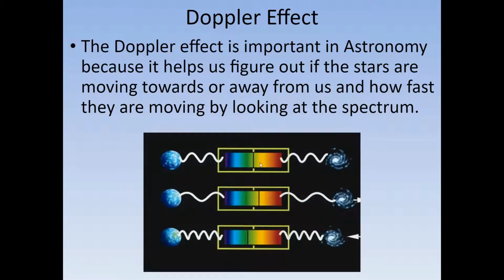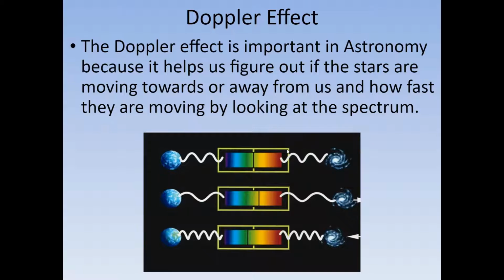Now, you should have learned in chemistry that every element has a unique fingerprint called spectral lines. Basically, the lines that they emit when a gas is excited and gives off light. That's how we can identify certain elements that make up a star.